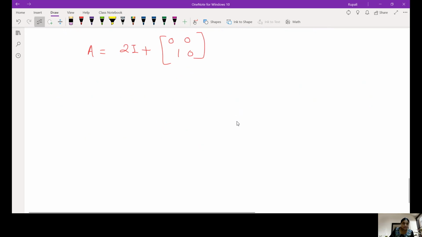Now I can easily find A raised to t by using 2I plus 0, 0, 1, 0. Now I can use the binomial theorem.